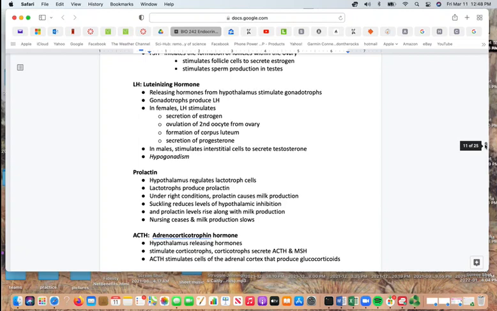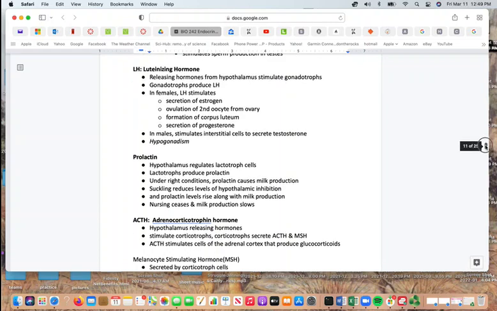You'll have ovulation of the secondary oocyte from the ovary, formation of the corpus luteum, and that corpus luteum will then secrete progesterone. In males, it's going to stimulate the interstitial cells to secrete testosterone. So hypogonadism is something that can result from inadequate levels of this. So we talk about those hormones more in the reproductive system.